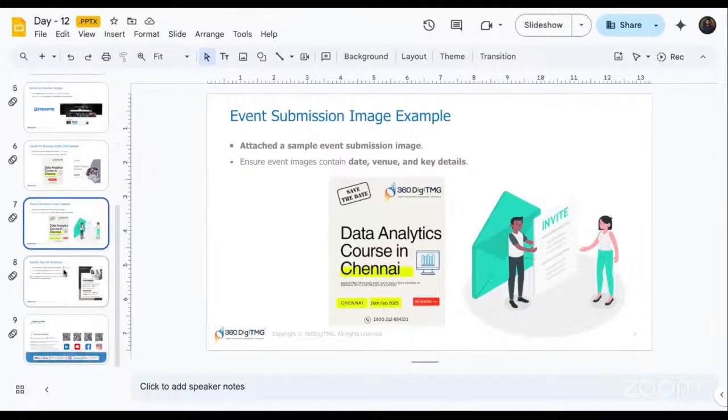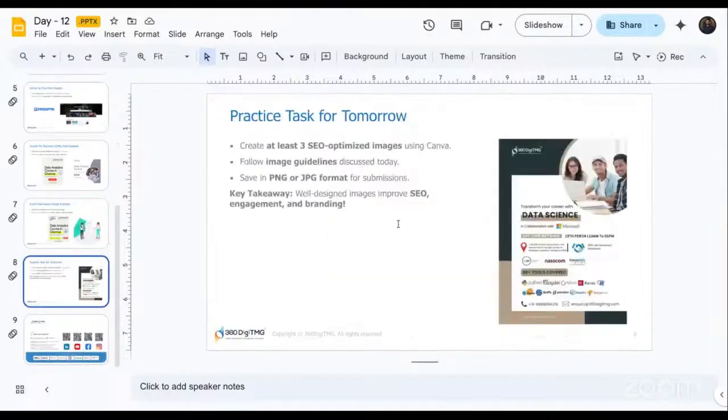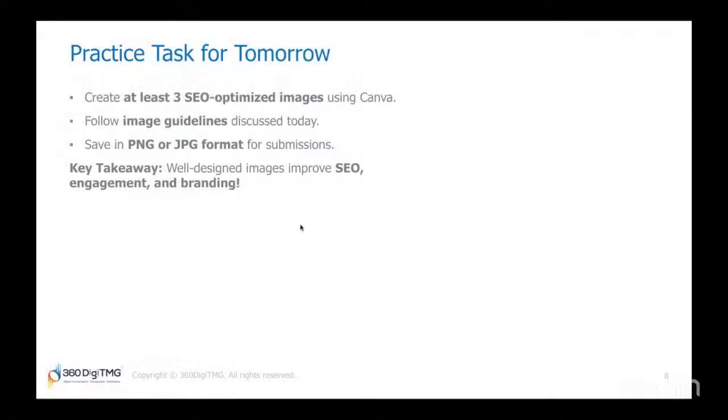And when it comes to the task, yes, we need to practice, right? What is the task for today and tomorrow's session, friends? You need to create a minimum of 3 SEO optimized images using Canva.